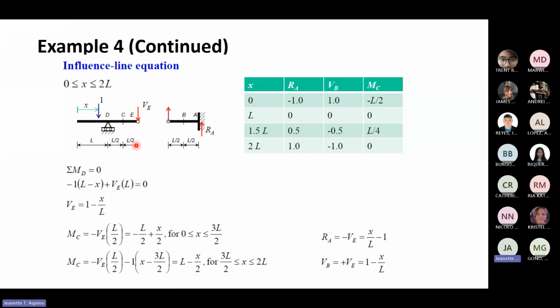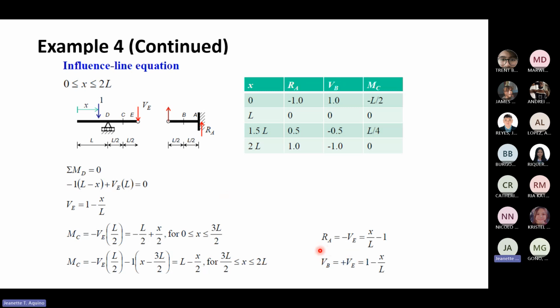Where is 3L over 2? This is C, because we have L here plus L over 2. So it will be 3L over 2. If you substitute the value of VE into this equation and simplify it, you have L minus X over 2, if your load is greater than 3L over 2 and less than 2L. Okay.